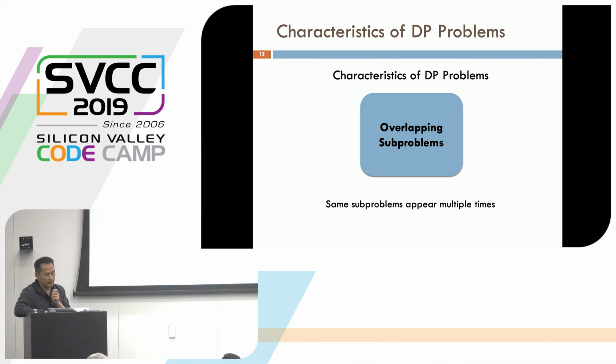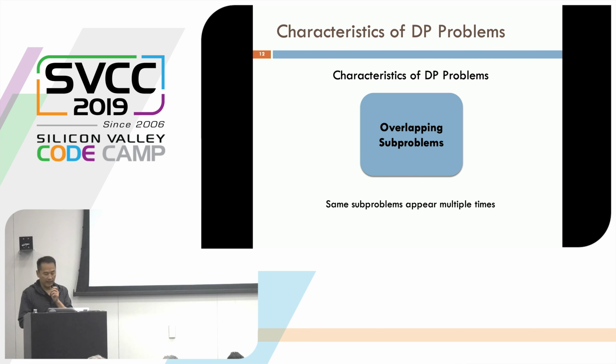The second one is overlapping subproblems. Very simple. It sounds very fancy, but all it is is that the same subproblems appear multiple times. This is a very important characteristic. If a problem doesn't have this characteristic, then DP is not the right solution for it.